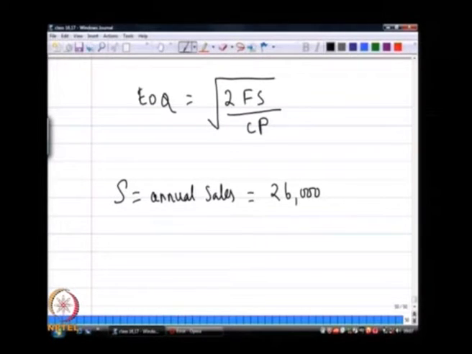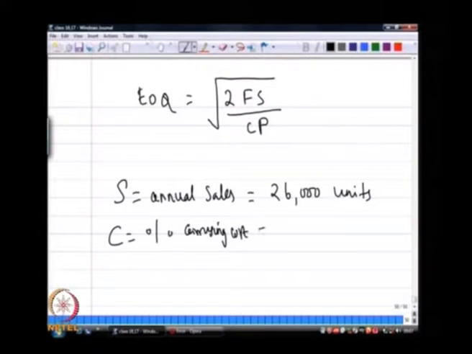So, the annual sales is 26,000 units. Now, C, as I told you, is a percentage carrying cost, expressed as a percentage of the inventory value, and let us say that is 25%.